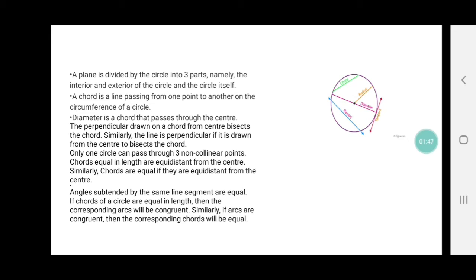Similarly, chords are equal if they are equidistant from the center. Angles subtended by equal chords of a circle are equal. Then the corresponding arcs will be congruent. Similarly, if arcs are congruent, then the corresponding chords will also be equal.